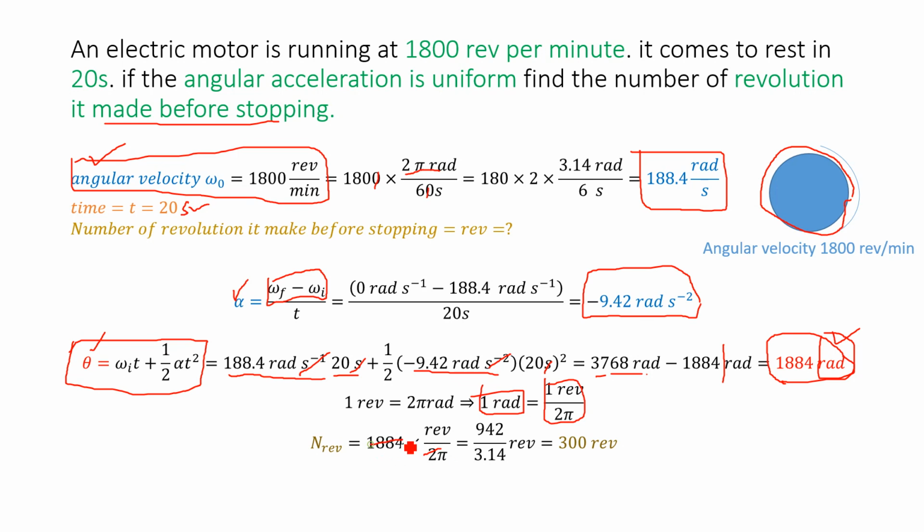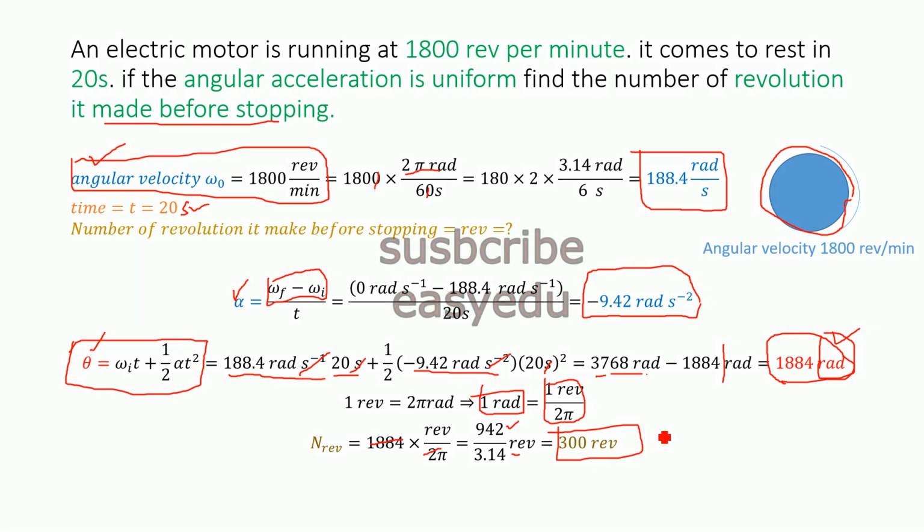Dividing 1884 by 2, we get 942, divided by 3.14 revolution. Dividing this term by 3.14, we get 300 revolution. So the number of revolutions it makes before stopping is equal to 300 revolutions.